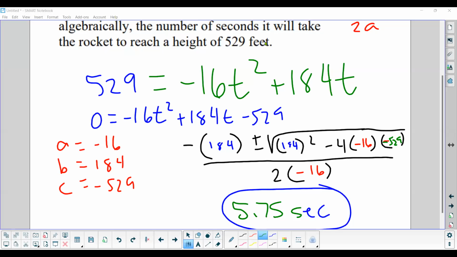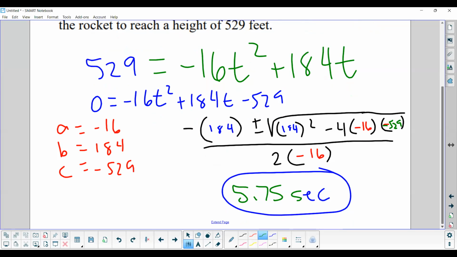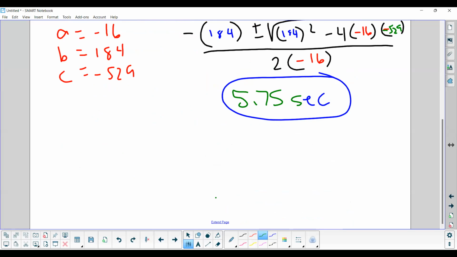Okay. So in this question, I had my rocket. My rocket was being launched, and it was just asking me, at what time will it be this high, 529 feet? That was the question.